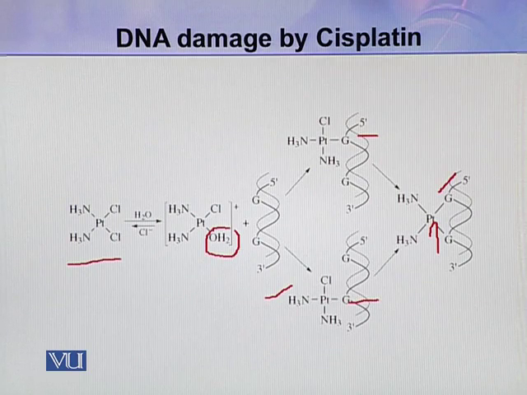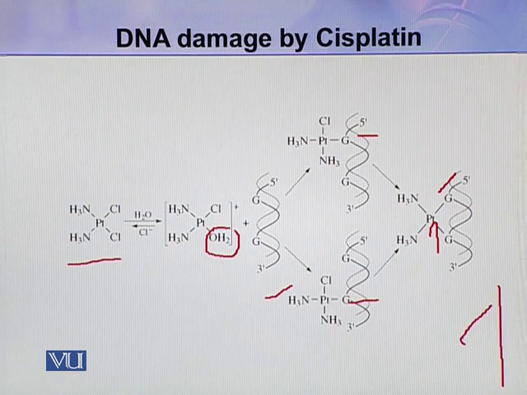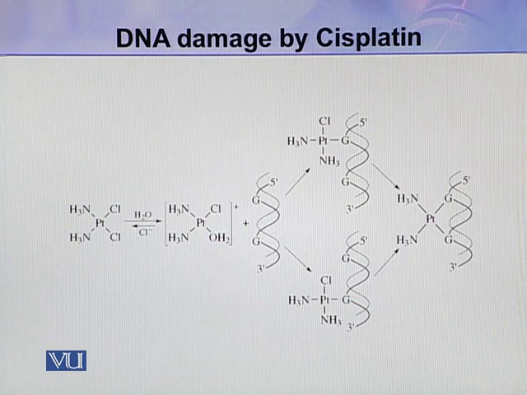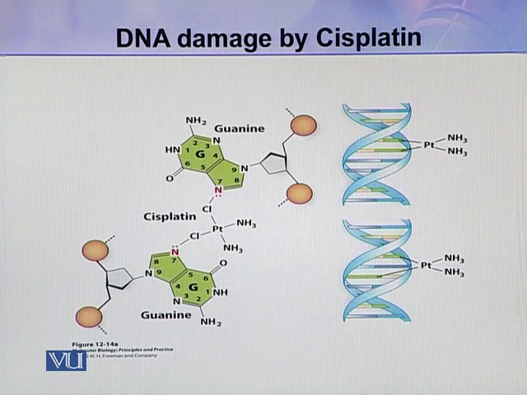So in this way cisplatin makes an intra-strand cross-link. This cross-link is formed within one strand of DNA, but it can also form an interstrand cross-link with another strand.